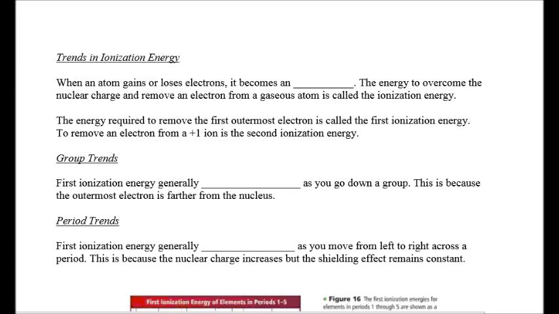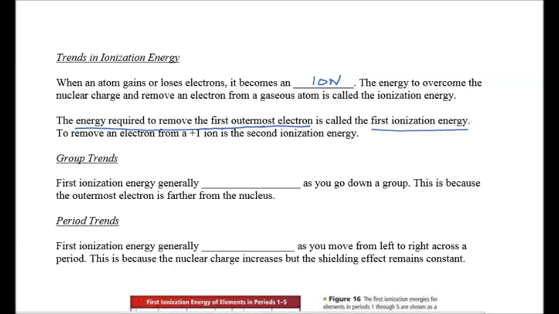You have to know the trend of size to understand the trend in ionization energy. When an atom gains or loses electrons, it becomes an ion. Remember, we discussed that. The energy required to remove the first outermost electron is called the first ionization energy, the energy to remove an electron.